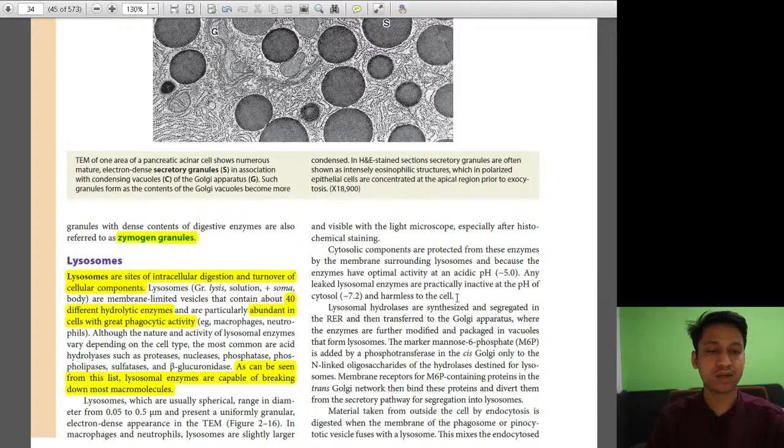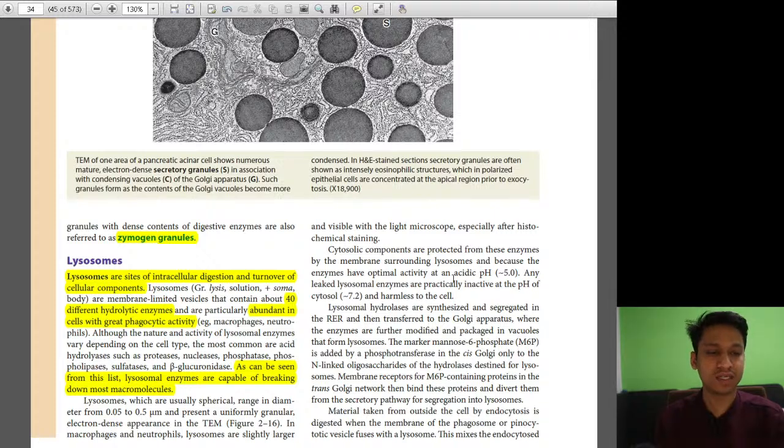So we need to remember that these 40 hydrolytic enzymes are covered in a membrane. The membrane is important to maintain an acidic atmosphere inside for these enzymes to be active. The pH of the cytoplasm is 7.2 and these enzymes are useless in the cytoplasmic environment.